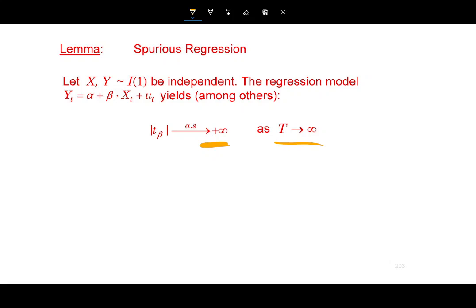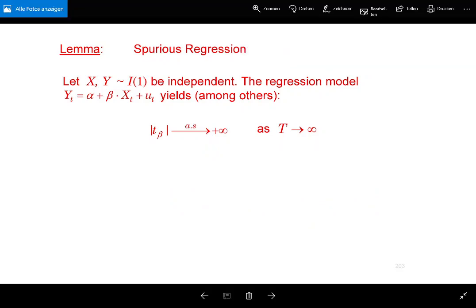So that means that the probability that the test statistic is equal to infinity, so it does not converge, it diverges, is going to be equal to 1. This is the concept. You might remember that, all right? Or you could call it the limit here, but that's what I was expressing.